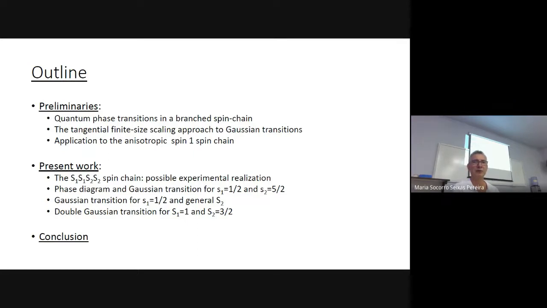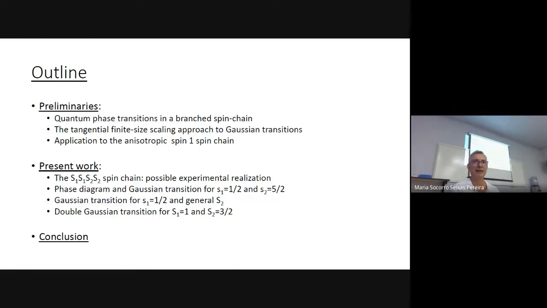Then I will show you very quickly how we could use this tangential finite-size scaling analysis to characterize the critical behavior of Gaussian transition.